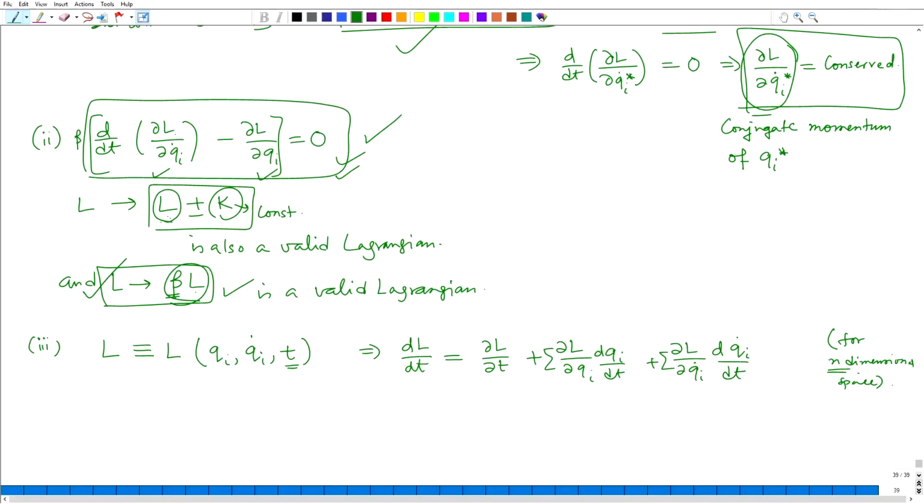So, for example, for a particle moving on the surface of a sphere with constant radius, n will be equal to 2. So, you will see that i goes from 1 to n, where n is the number of generalized coordinates.